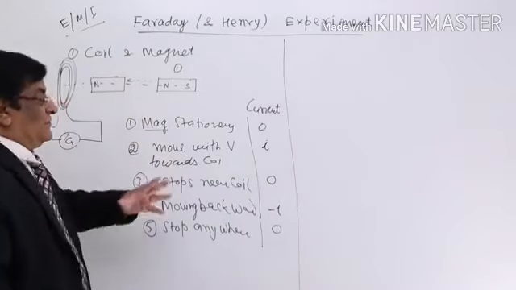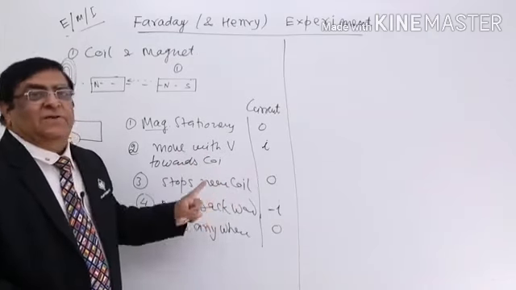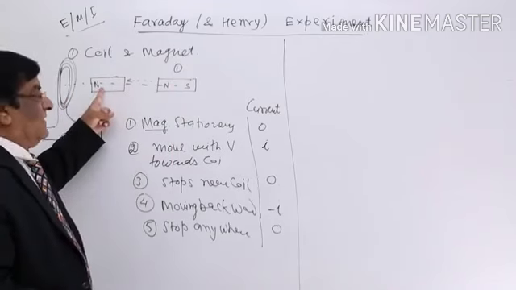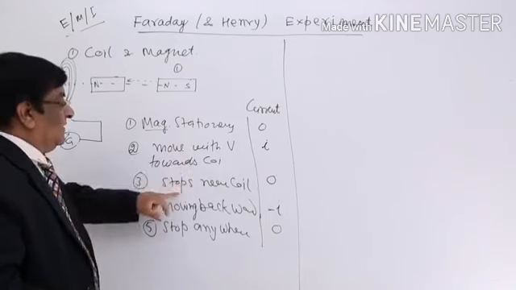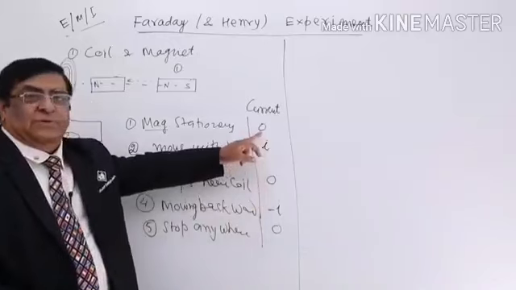This is the observation. Now we have to analyze it. In this analysis, we find that whether the magnet is here or here, if it is not moving, stationary, then the current is 0.